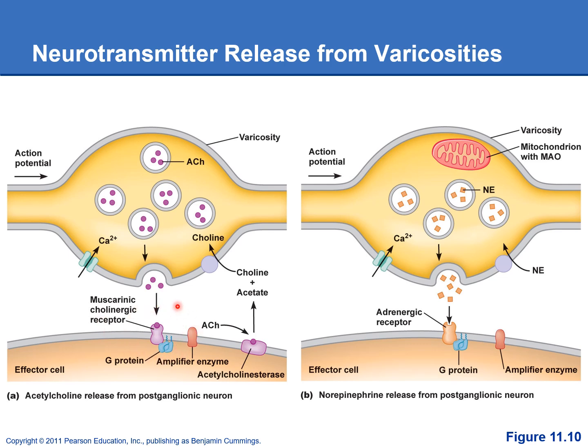We've got a muscarinic cholinergic receptor. So that tells us that this postganglionic neuron has to be a parasympathetic postganglionic neuron because they're going to release acetylcholine, and acetylcholine will bind to muscarinic cholinergic receptors, which will be found on the parasympathetic target organs.